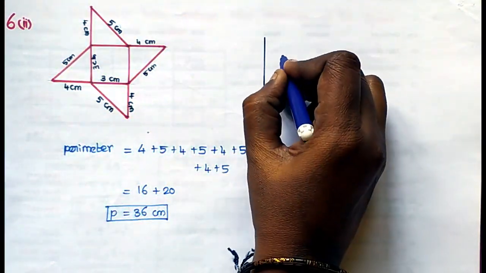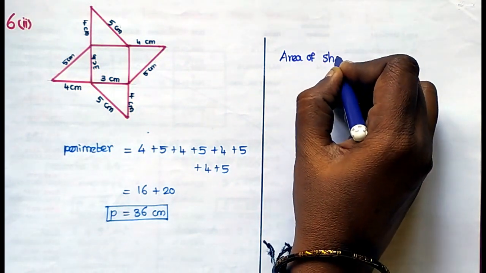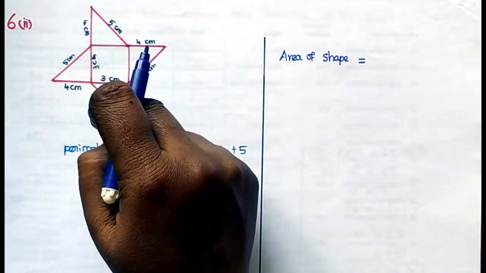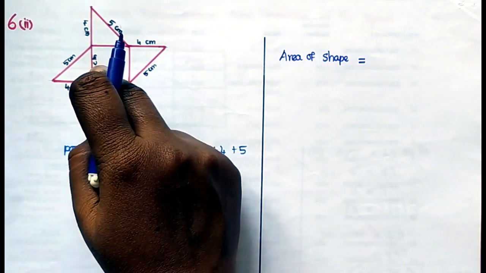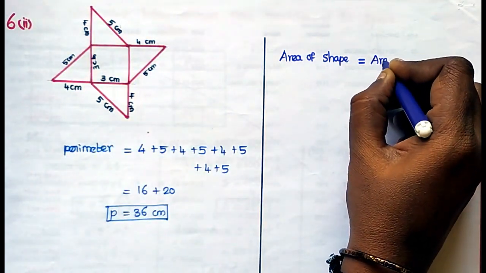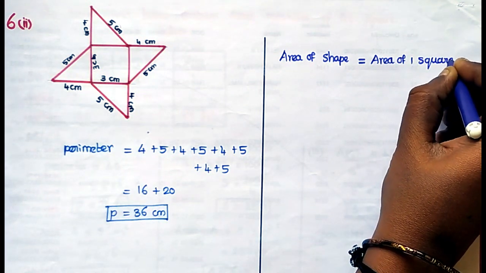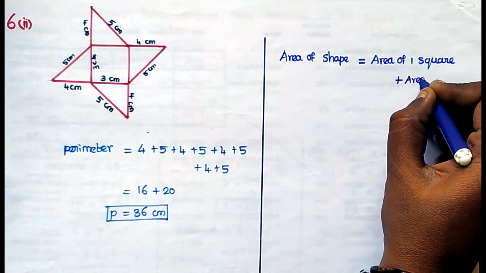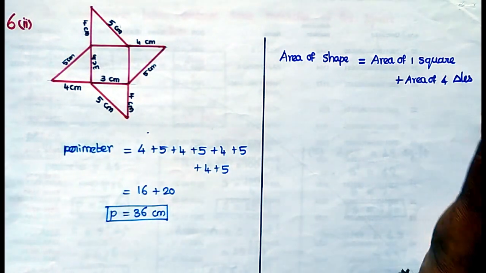Next, area. Area of the shape is equal to one square and 4 triangles. Area of one square plus area of 4 triangles.